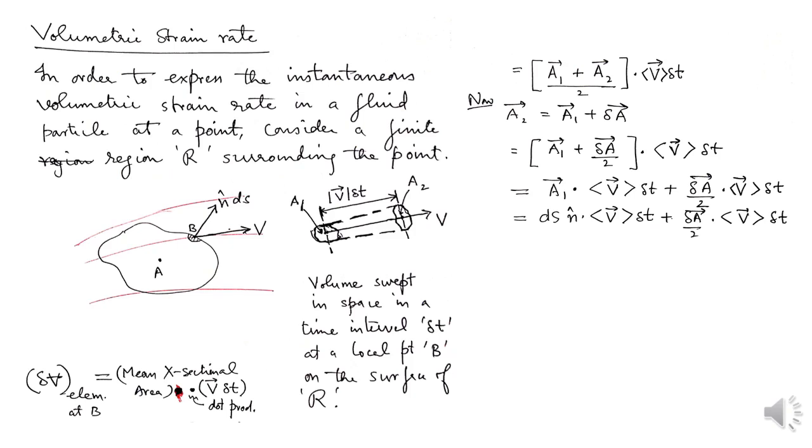Okay, so to start developing the concept of volumetric strain rate, of course, volumetric strain rate of a given fluid particle at a certain instant of time. If you remember, as per the continuum concept, any point in the flow domain at a given instant of time will be occupied by a tiny point-like particle.